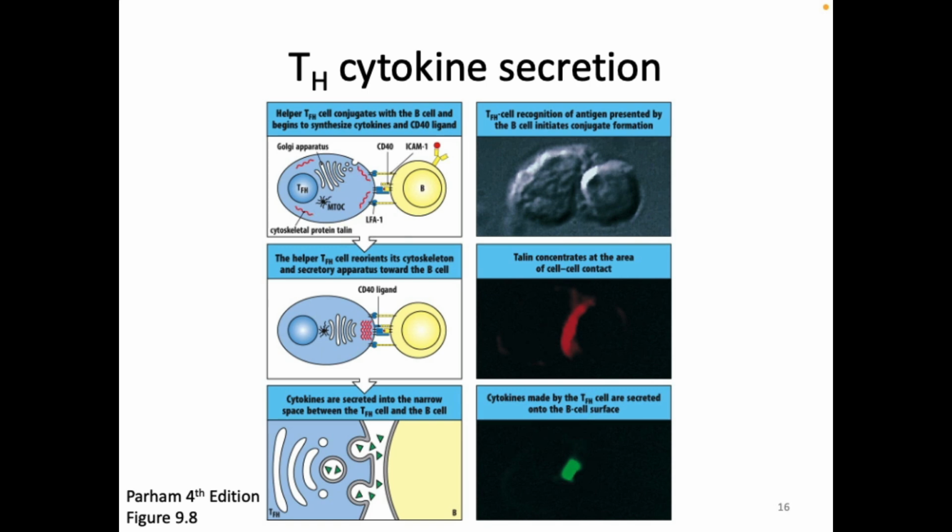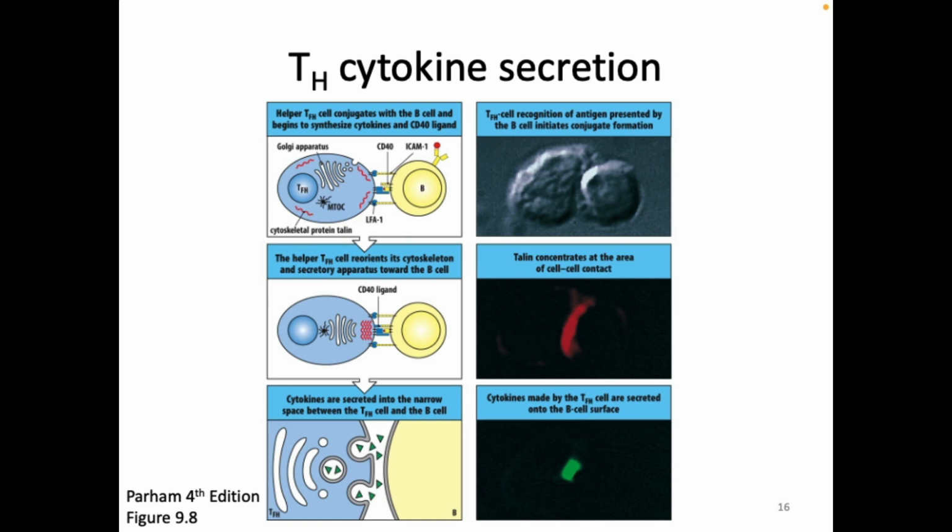I didn't tell you which cytokine was secreted. The reason for that is that there are multiple types of helper T cells. So there are many different helper T cells that will make different cytokines. And so we have to kind of think about each of the different types of helper T cells and those cytokines here.